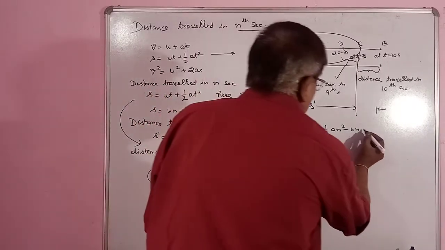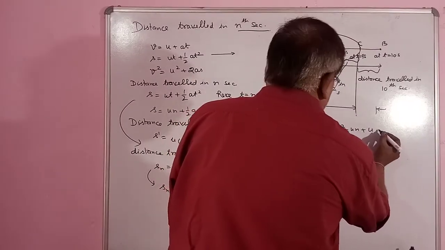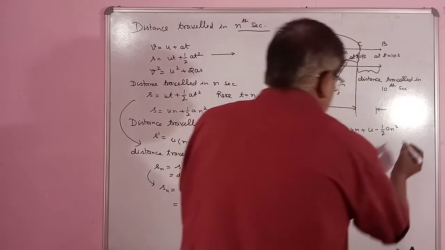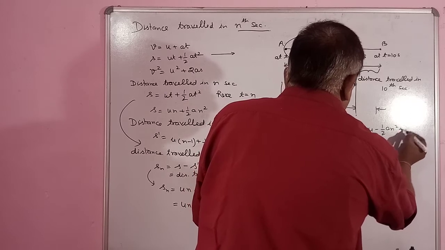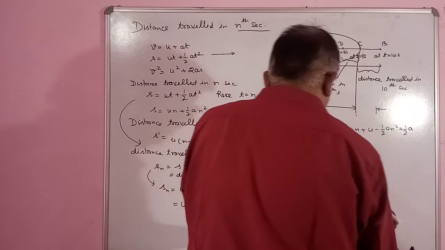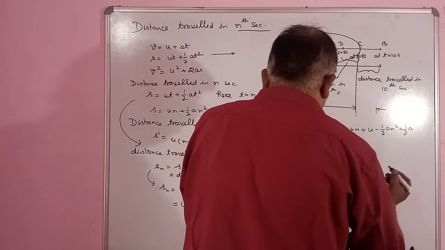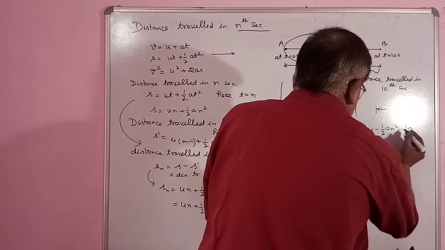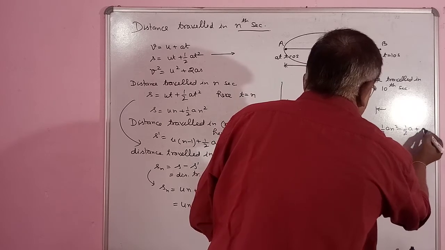Un plus u minus half a n square plus half a minus, and this is plus an.